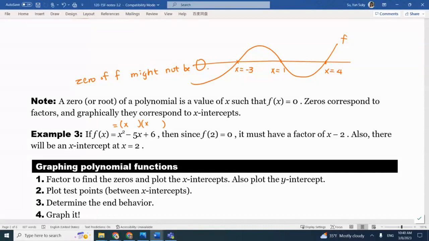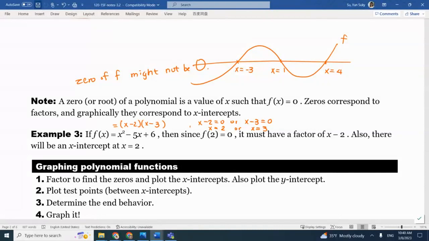Yes. So therefore, what are the x-intercepts? You set x minus 2 equal to 0 or x minus 3 equal to 0. And then you add 2 on both sides, you get x equals 2 or x equals 3. Right, everybody? So 2 is a zero and 3 is a zero.